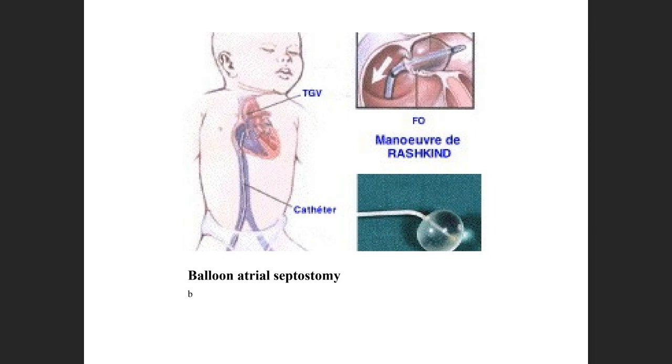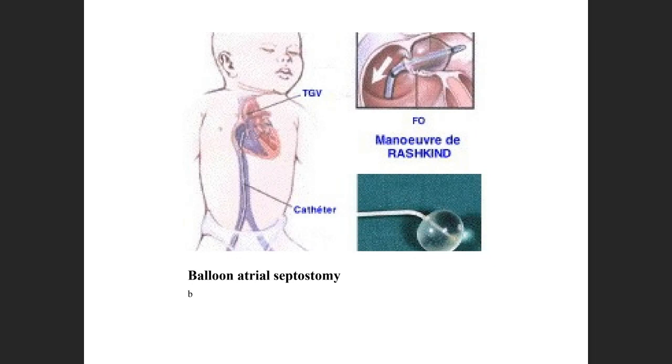In the balloon atrial septostomy, a collapsed balloon catheter is introduced through the femoral vein into the inferior vena cava, into the right atrium, and it is pushed across the foramen ovale, which you see in that upper right diagram, into the left atrium.